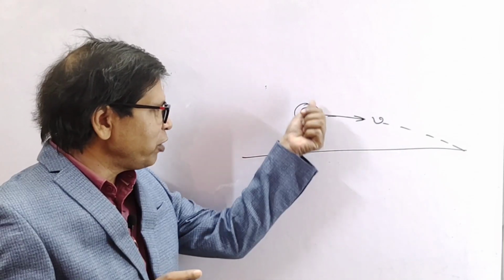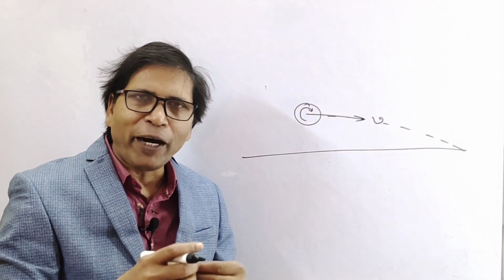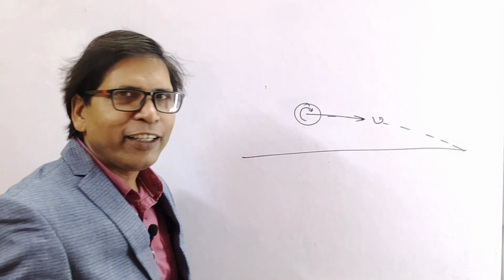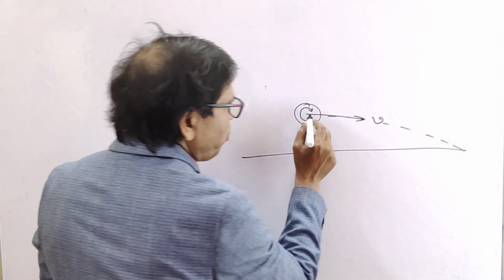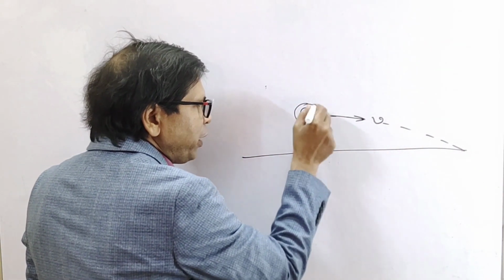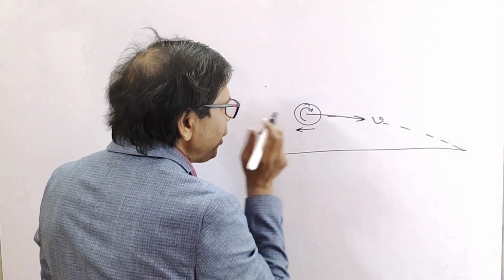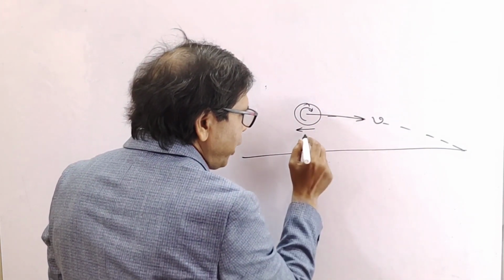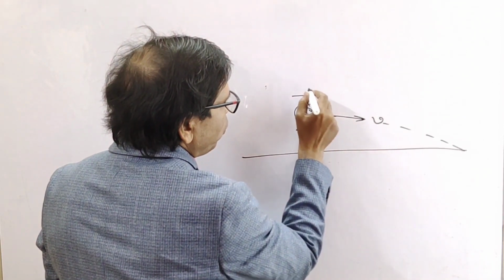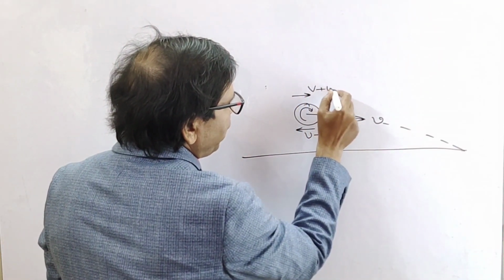Now this is a cricket ball projected by a spinner. The ball has a spin in this direction. The actual path of the ball is along this direction. Due to the spin, here the velocity is less, that is v minus omega r, and here the velocity is more, v plus omega r.